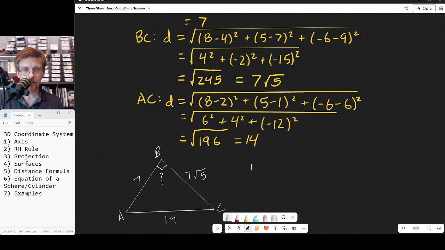So, is it right? We're going to see if 7 squared plus 7 rad 5 quantity squared is equal to 14 squared.